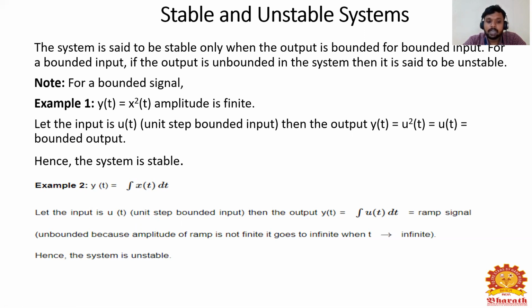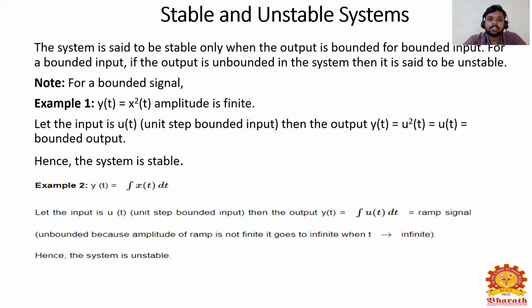A ramp signal is unbounded because its amplitude is not finite. It goes to infinity when t tends to infinity. Hence, the system is unstable.